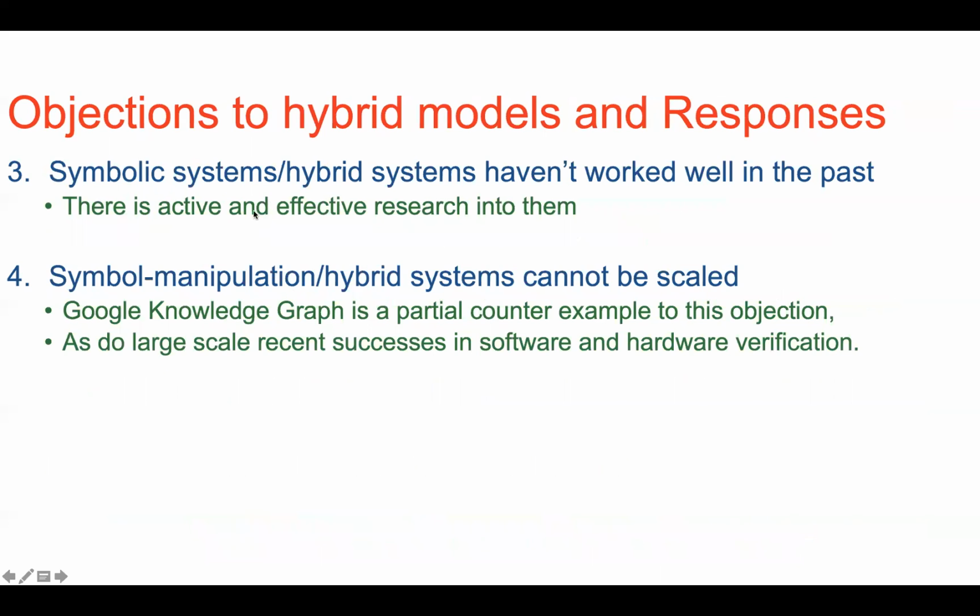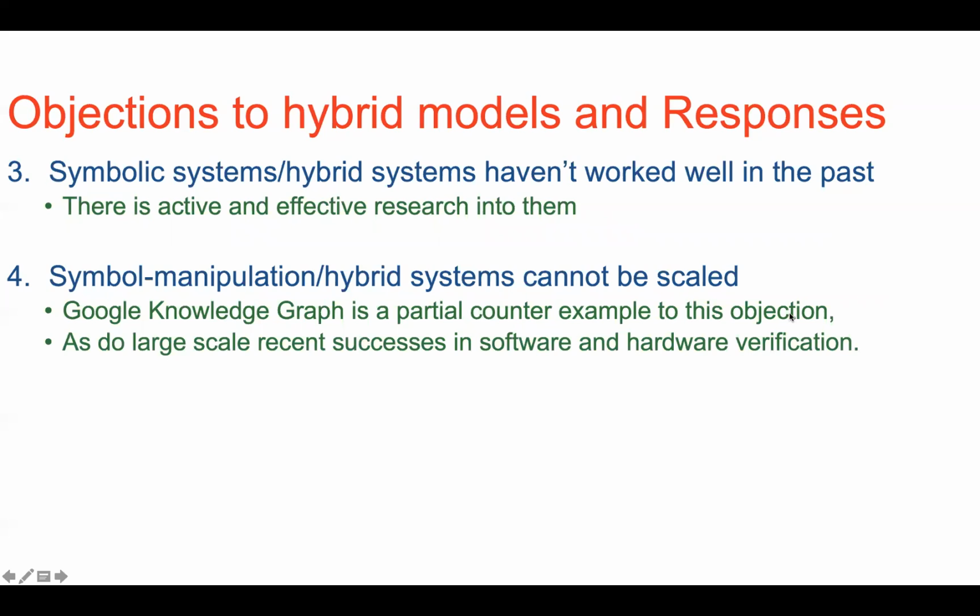Some more objections to hybrid models and responses. Symbolic systems, hybrid systems haven't worked well in the past. So, okay, people have tried out hybrid systems and some of them haven't done well. We can argue there's active and effective research into them. And symbol manipulation hybrid systems cannot be scaled. The answer is Google Knowledge Graph is a partial counterexample to this objection, right?